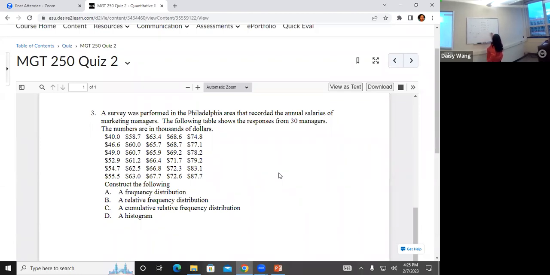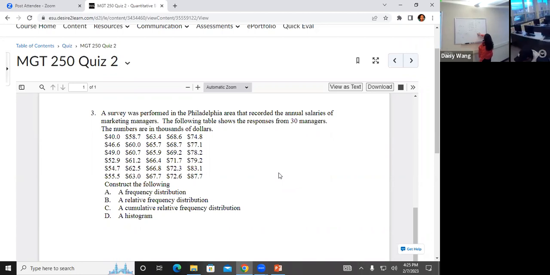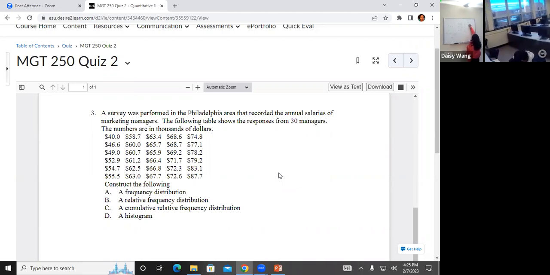Does it add up to 30? 9 and yeah, 30. So B is the relative frequency distribution. 3 divided by 30, 4 divided by 30, 0.13. Yes. 14 divided by 30.